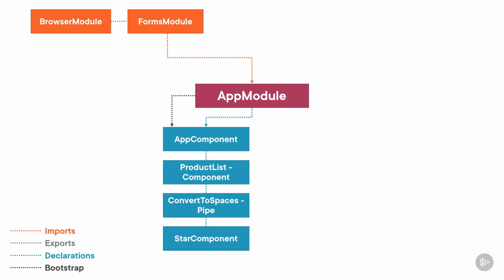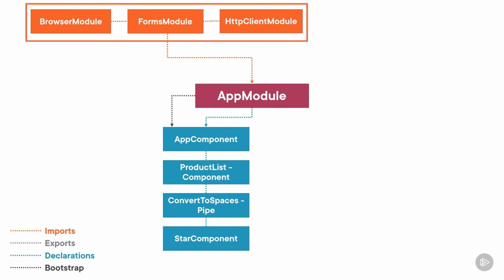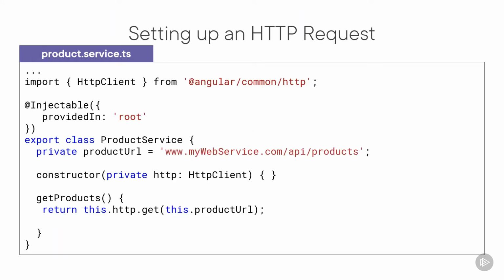Now our Angular module illustration looks like this. We declare our components, we declare the directives and pipes that those components require, and we import the external modules that we need. Going back to the product service, in getProducts, we use the injected HTTP service instance and call the get method, passing in the desired URL.